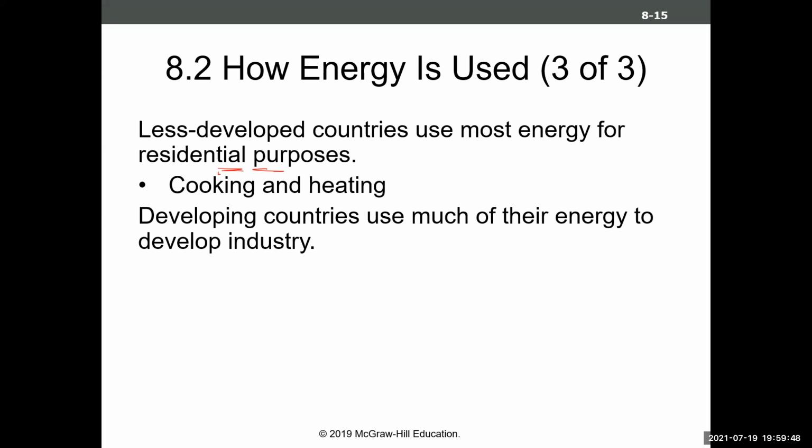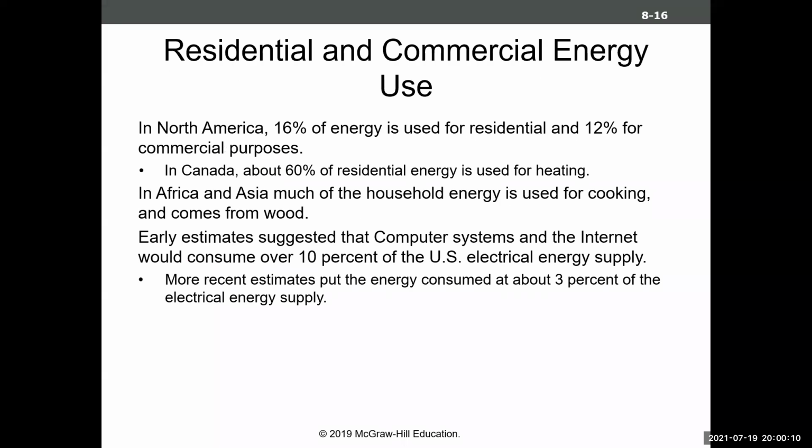They have cars in those less developed countries, but it's usually not as big. And so most of the energy is coming from cooking and heating processes. Developing countries, however, are using much of their energy to develop that industry sector and to keep development going, to maintain the economy, etc.